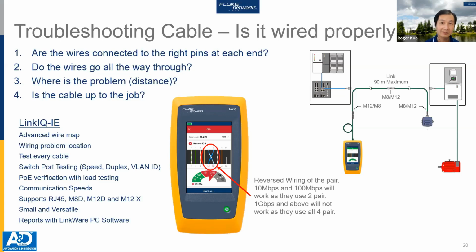Now, because of this pair issue, the tester has failed. The link at all 4 pairs are not working correctly. However, the 10 megabit and the 100 megabits per second will still work, as they only rely on pairs 1,2 and 3,6 to work properly, as you can see in the meters here, the green portion and the red portion.